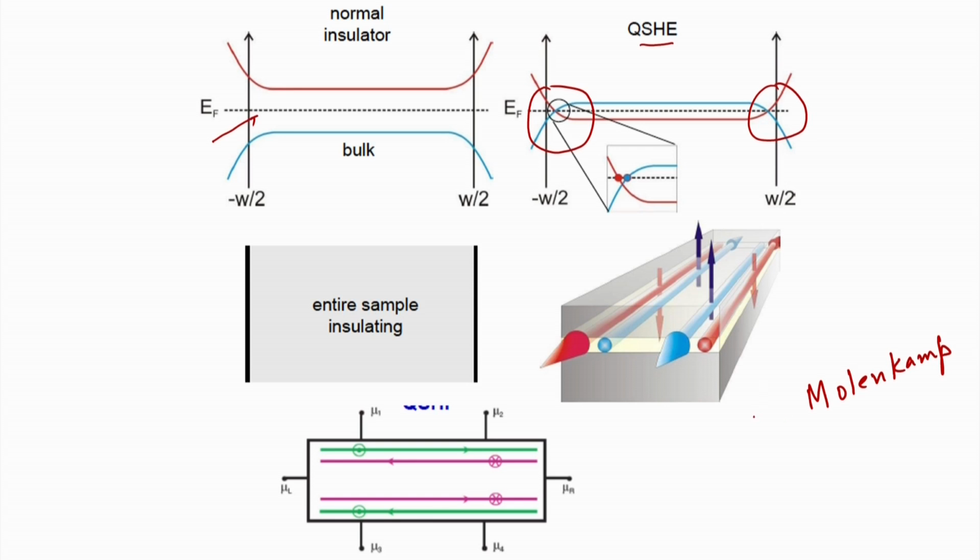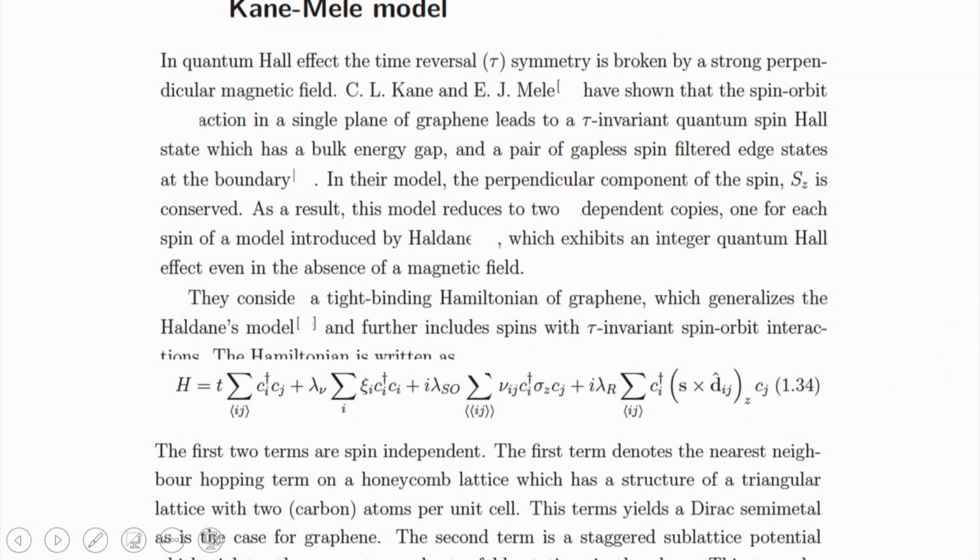This has been taken from a presentation of Laurens Molenkamp, who is one of the first persons to talk about this quantum spin Hall effect, and the same thing is shown here in a 6 terminal geometry, say for graphene. As we were talking about the theoretical predictions, this goes by the name Kane-Mele.